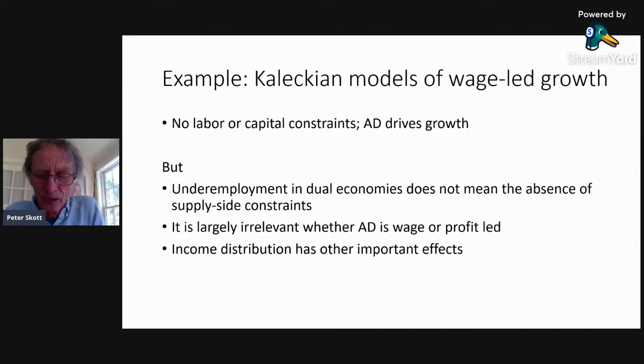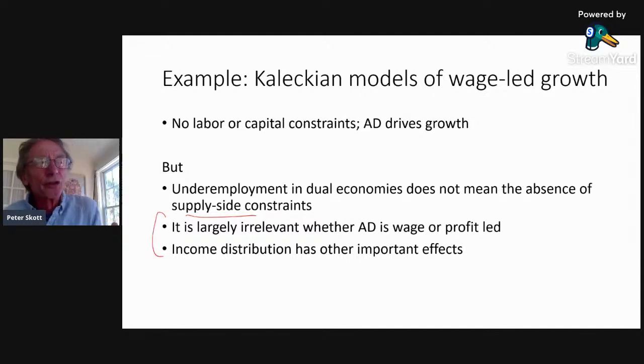It's aggregate demand that drives economic growth. I think underemployment in dual economies, and dual economies would be the economies where these models would seem to fit best, because in dual economies you have a perfectly elastic labor supply to the modern sector. But even in dual economies, you do not have the absence of supply-side constraints. They're still there.